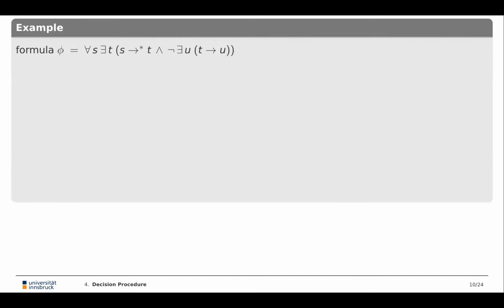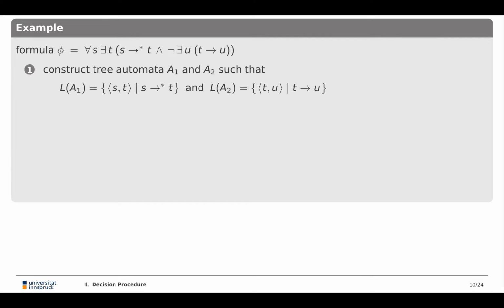Here's an example. We have this formula here, which represents normalization of a TRS, and we want to figure out if this holds for a given TRS. To do this, we construct automata which accept ground terms from the bottom up, starting with the atomic subformulas. Here they are: S reaches T and T rewrites to U. So both of these are RR2 relations, and therefore regular languages, and we can construct these automata.